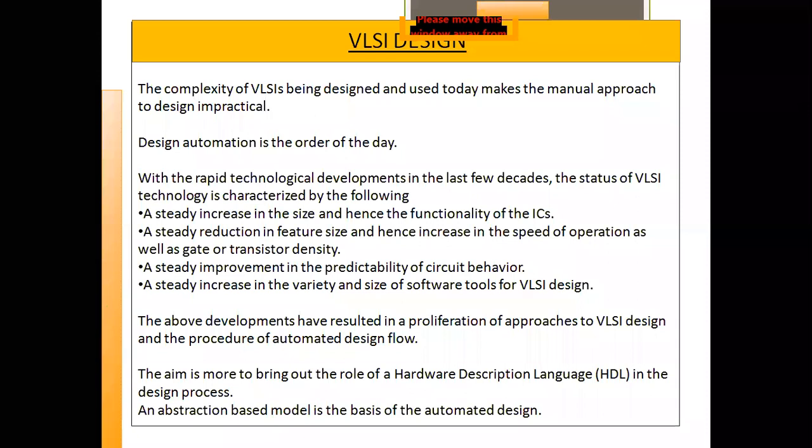We want to see the role of hardware description language in the design process. We can see the abstraction based model in the automated design in the next class.